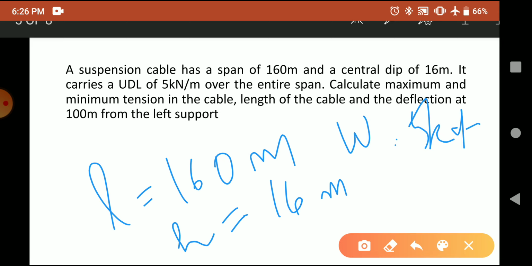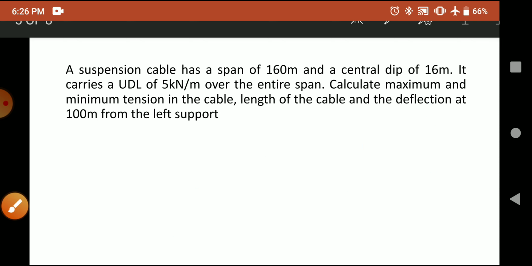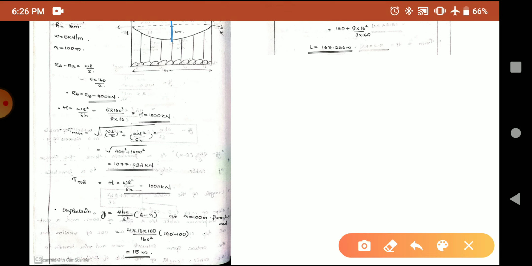And you are asked to calculate the deflection at 100 meter from the left support, that is x is equal to 100 meter. So based on this question, we can draw this diagram. We have the central dip of 16 meter, length 160 meter, subjected to UDL. The end supports are assumed to be at the same level.